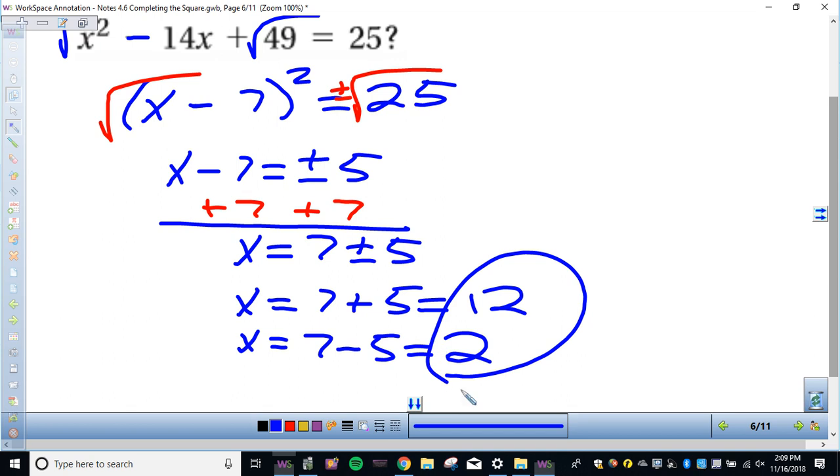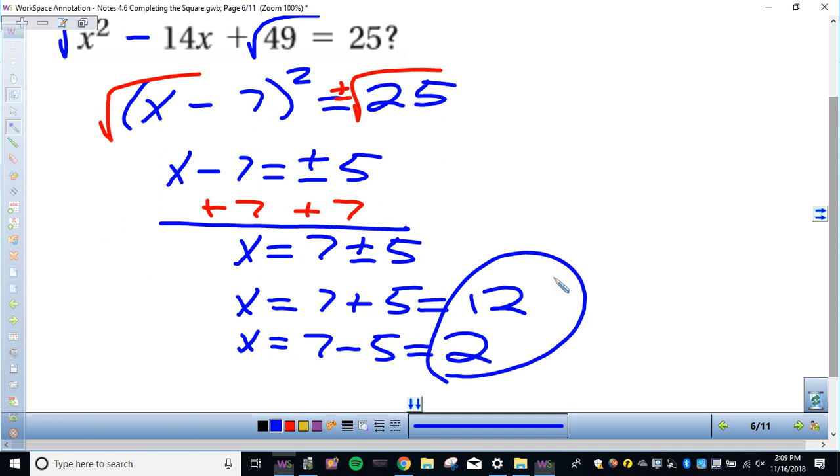So again, these are my two answers. So that's what solves x. That's what makes the two sides of the equal sign equal. This is also where if we made this into a parabola by subtracting the 25 over to the other side, if we graphed the parabola, it would cross the x-axis at 2 and 12.